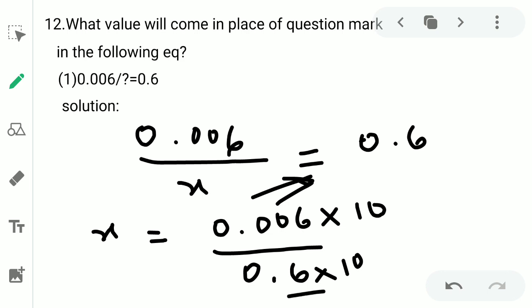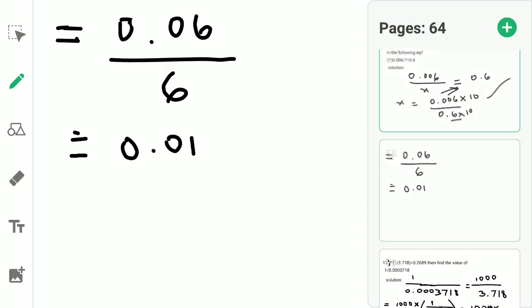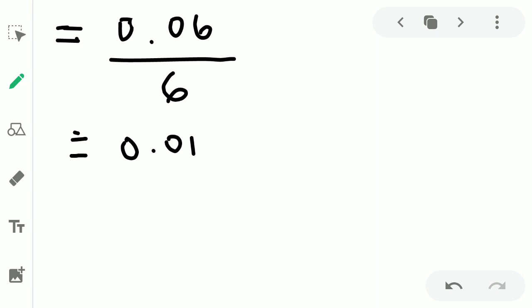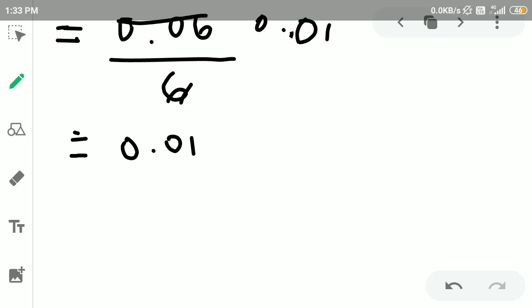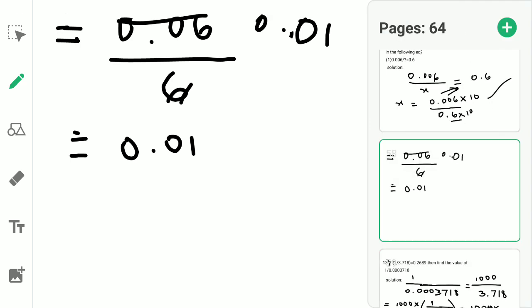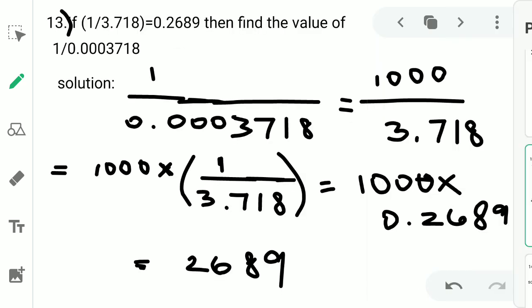Since the denominator contains 0.6, after the decimal point you will get only one number, so I am multiplying by 10 and 10. So when I divide, 6 ones are 0.01. You will get the answer.